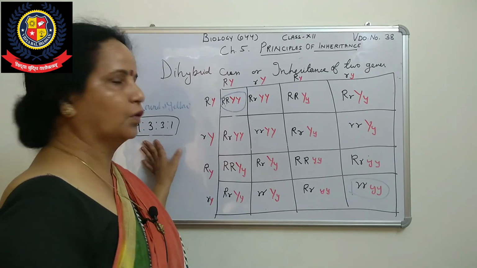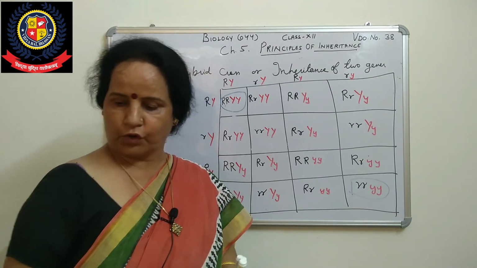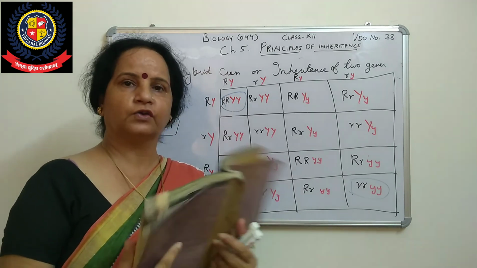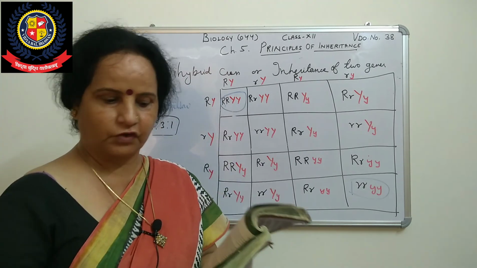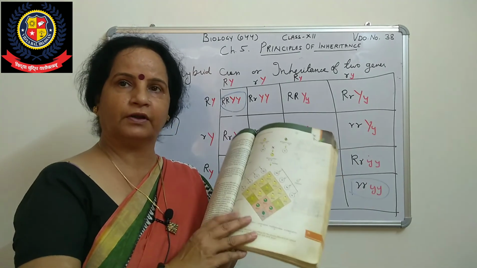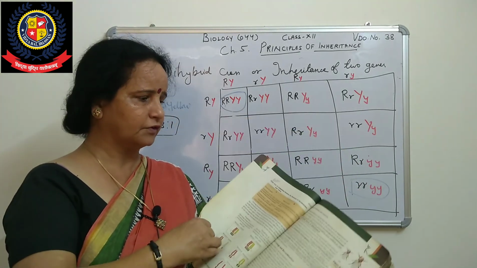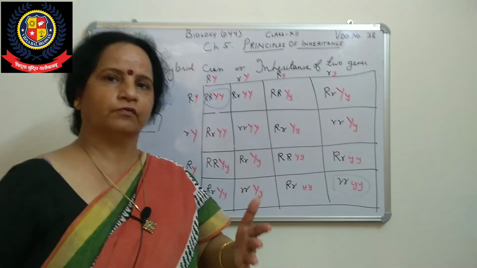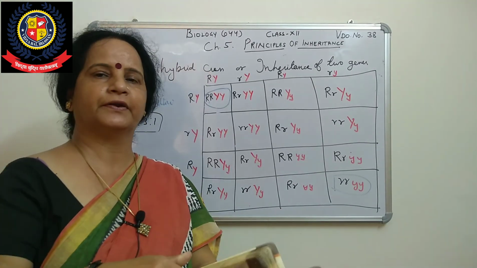That is why only the phenotype ratio is given in your book also. So that is the inheritance of 2 genes, or you can say dihybrid cross, which is part of your syllabus. This one is given in your book also. Just go through that again. Then in the next class we will take one more law, the law of independent assortment.